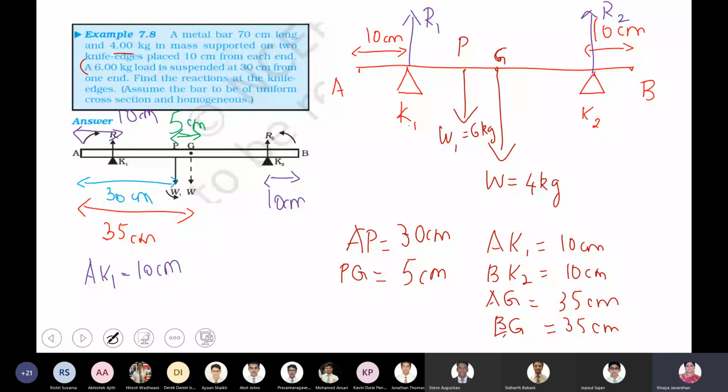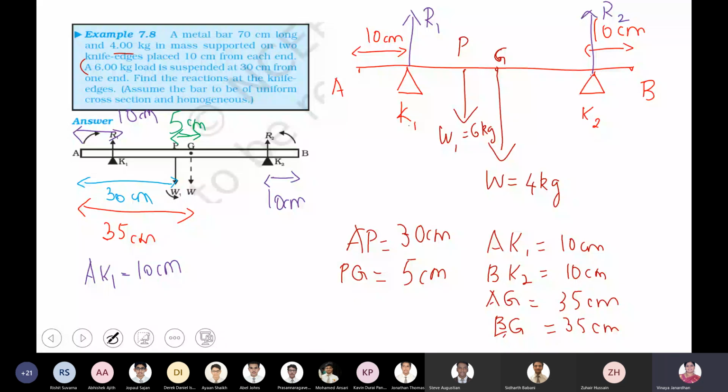Identify which are the forces acting in the upward direction. Normal reaction is a force, weight is a force, okay? So which are the forces which are acting in the upward direction? R1 and R2. R1 and R2 are acting in the upward direction. Yes, boys? Okay.